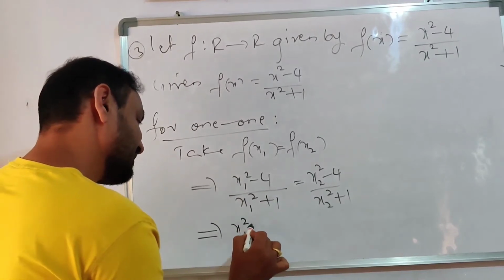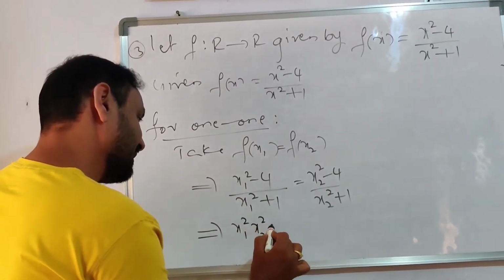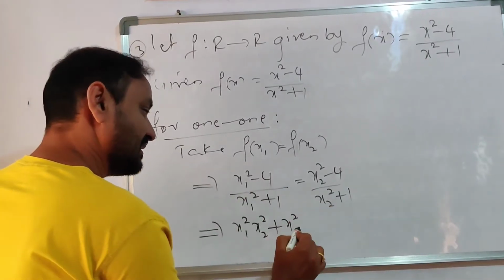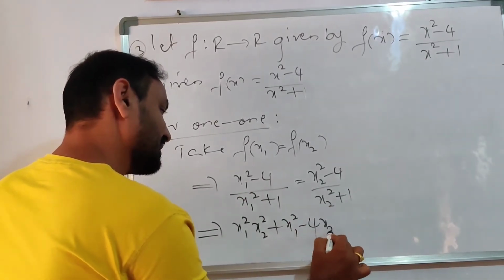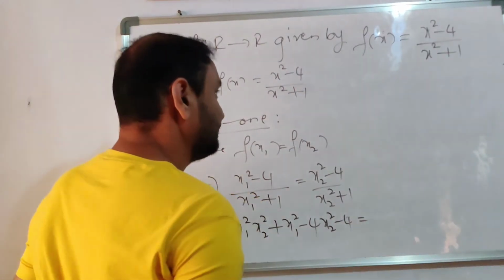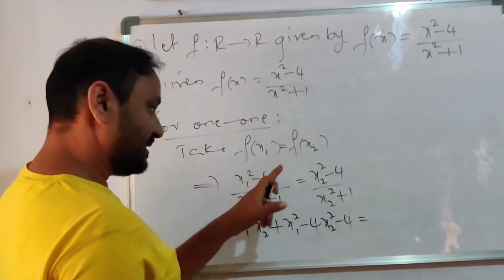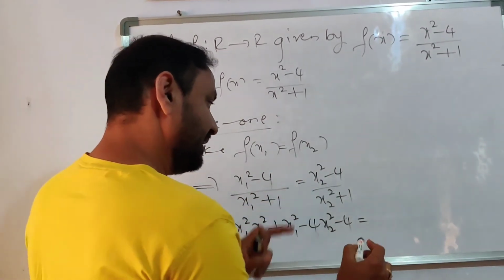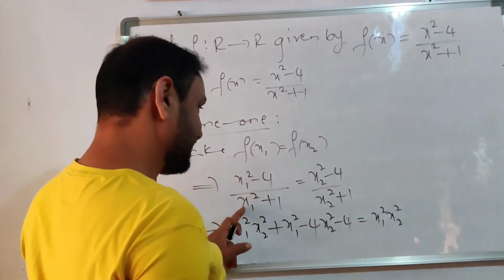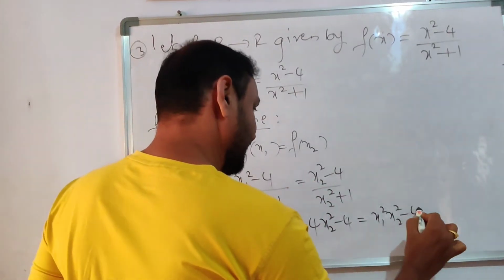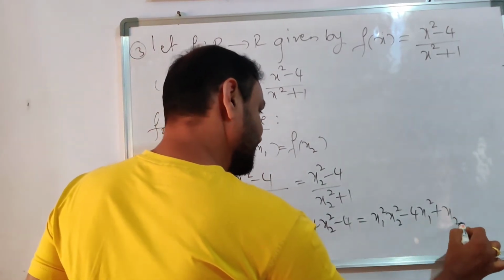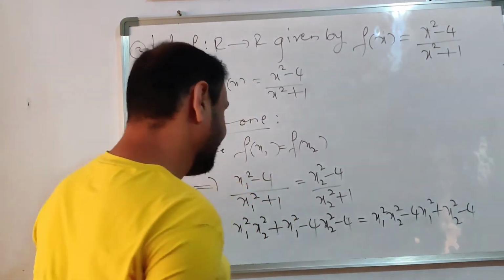So x1²x2² + x1² − 4x2² − 4 equals, multiply this with this, x1²x2². Next x1² into −4. Next 1 into this, that is x2² − 4.